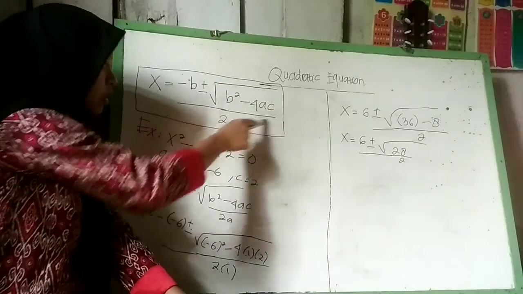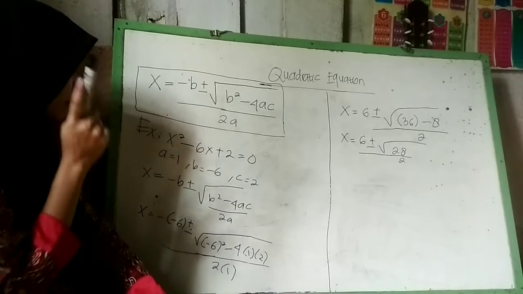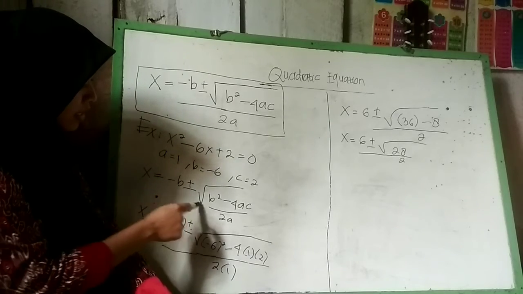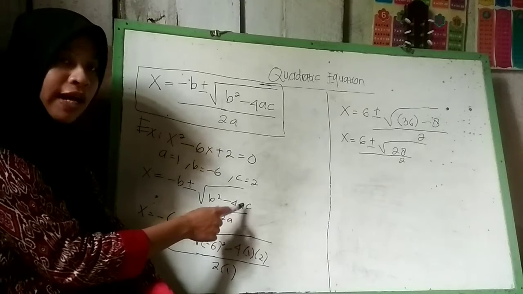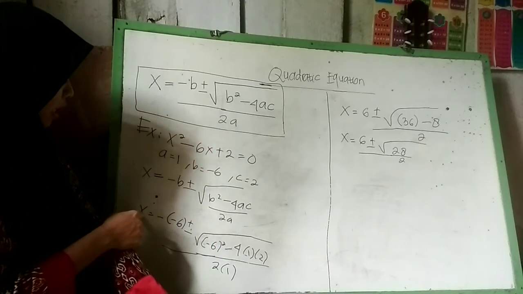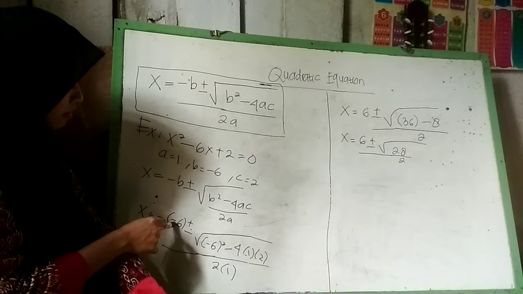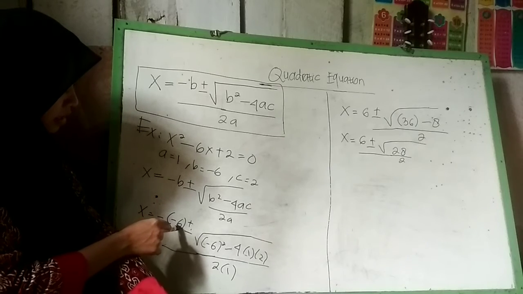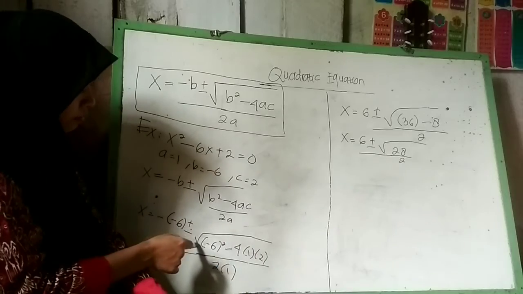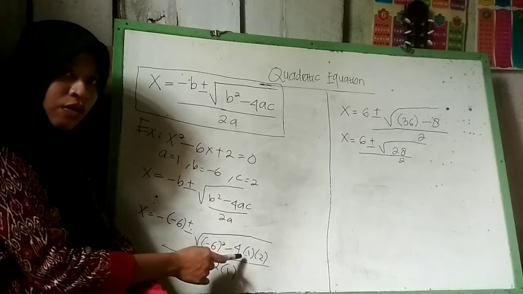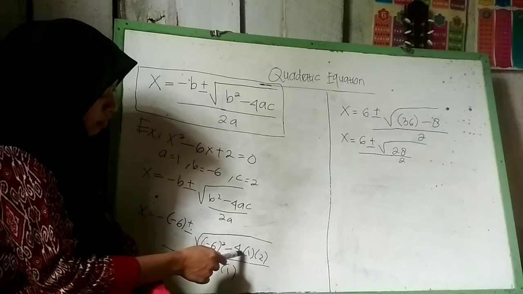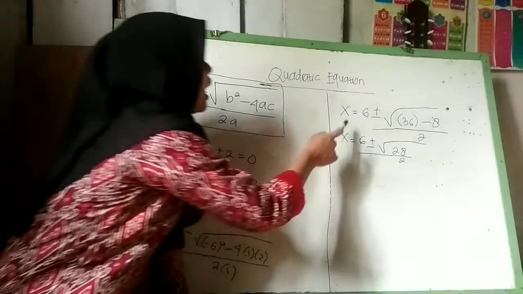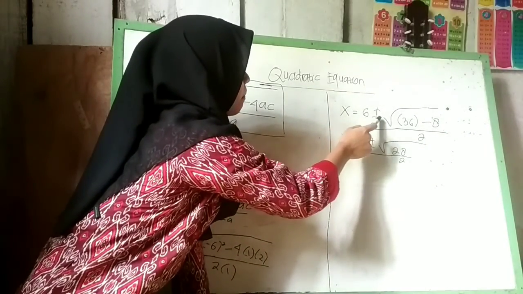We use the quadratic formula or ABC formula. x equals minus b plus or minus the root of b squared minus 4ac over 2a, and then x equals minus minus 6 plus or minus the root of minus 6 squared minus 4 multiplied by 1 and 2, over 2 multiplied by 1.